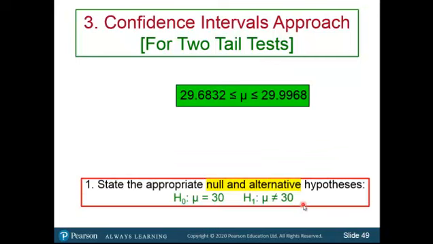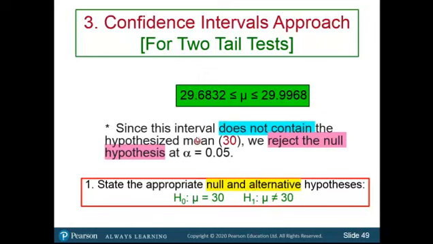So by using this information, we can make a decision whether to accept or to reject the null hypothesis. So remember, our null hypothesis is stated as mu equal to 30 and alternate hypothesis mu not equal to 30.